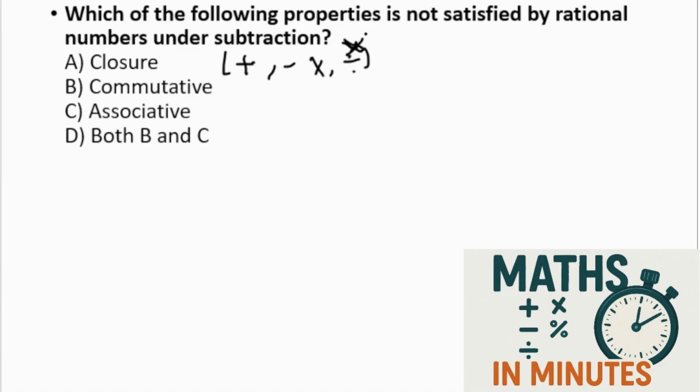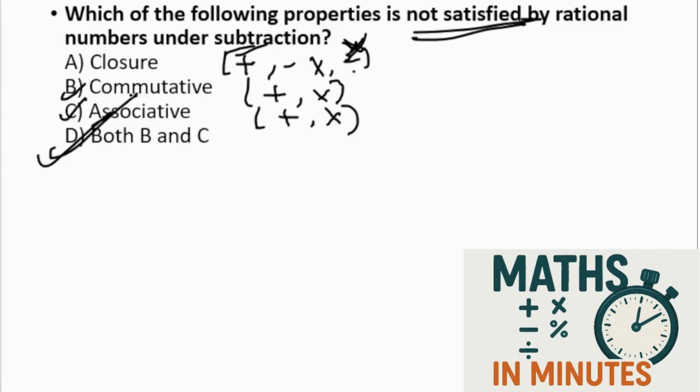Commutative property is satisfied only by addition and multiplication. Associative property is satisfied only by addition and multiplication. So they are asking which is not satisfied by subtraction. Option B, that is commutative, and option C, that is associative, both of them do not hold for subtraction, right? That means the answer is option number D.